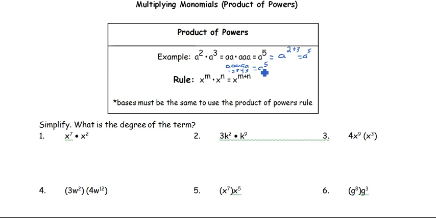So let's look at number 1. We can do 1, 2, 3, 4, 5, 6, 7 times 1, 2. And so if we put them all together, there are 9 x's.